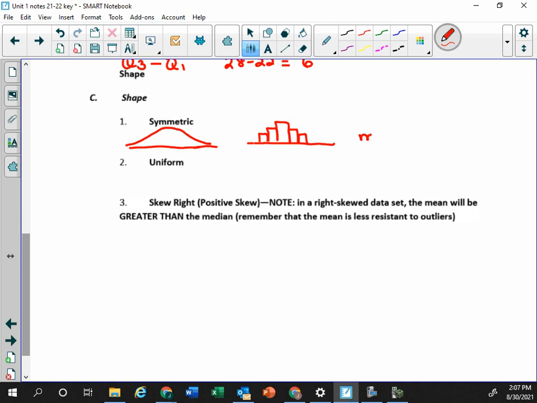If it's symmetric, the mean will equal the median. Now, it doesn't have to be exactly equal to it, but if they're really close, you know you probably have a symmetric distribution.